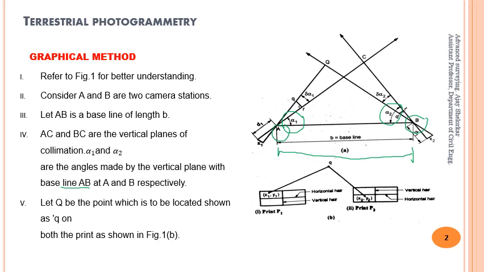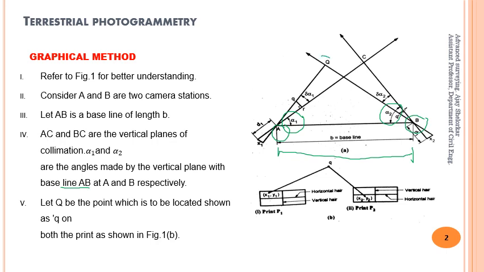This is Q, the point which is to be located, shown as Q on both the prints as shown in figure 1b.